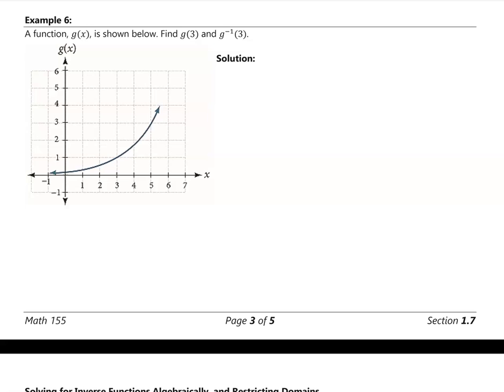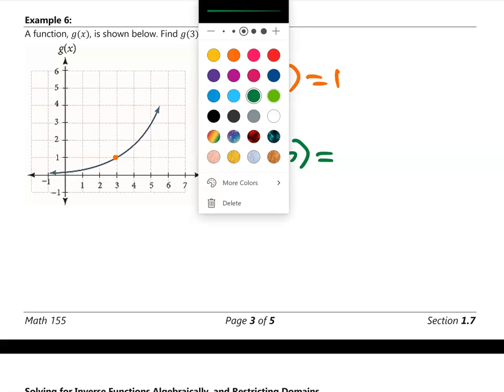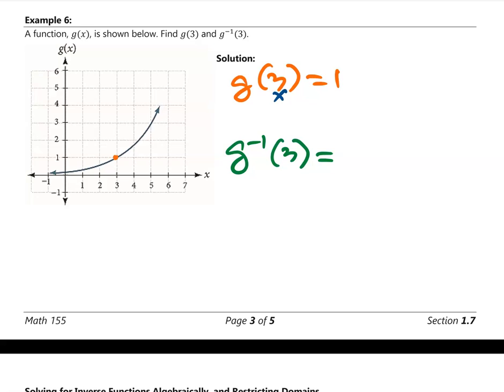So what is g of 3? g of 3 is this point that is equal to 1. The next is, what is g inverse of 3? So here, remember it swaps. For inverses, you swap the inputs and the outputs. If this is x, if x is your 3, then that becomes y.